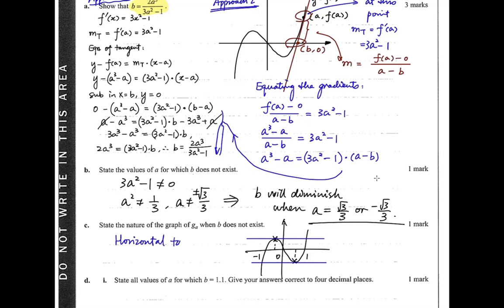Horizontal tangent lines. Actually, nature. Normally, we use nature to describe the stationary points. So let's just say corresponding to the local max or local min. But I think you need to mention it's horizontal tangent lines, okay?